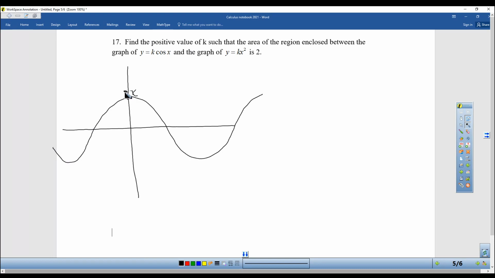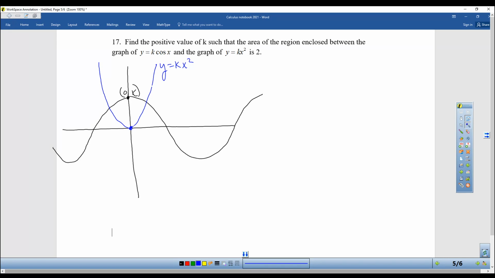So this is the point 0, comma k. And then the graph of y is equal to kx squared is going to be just a parabola, and that k is going to determine how steep it is. So I'm going to draw a basic parabola, y is equal to kx squared.